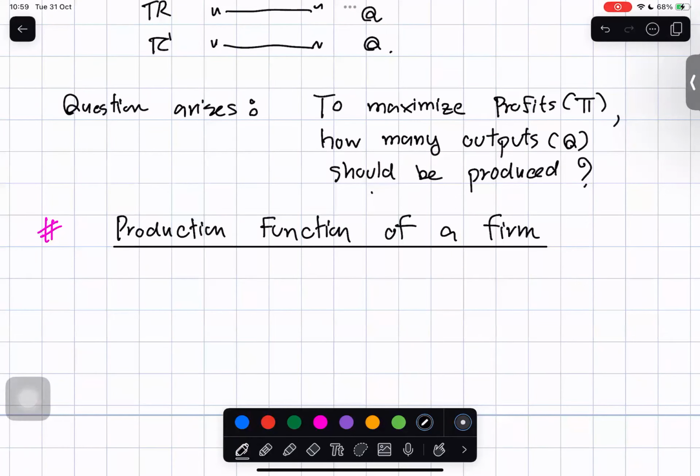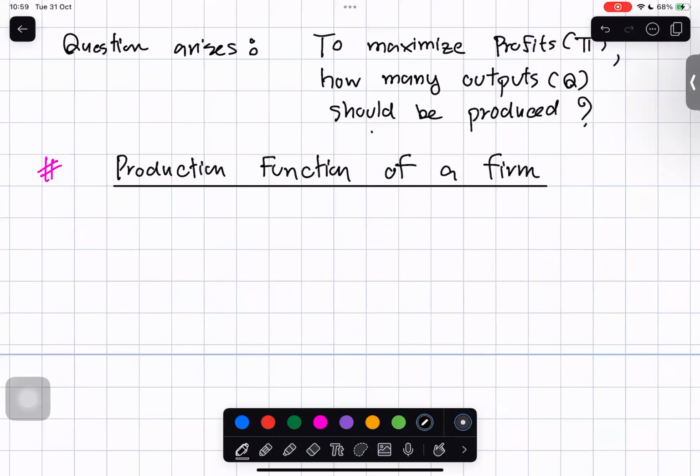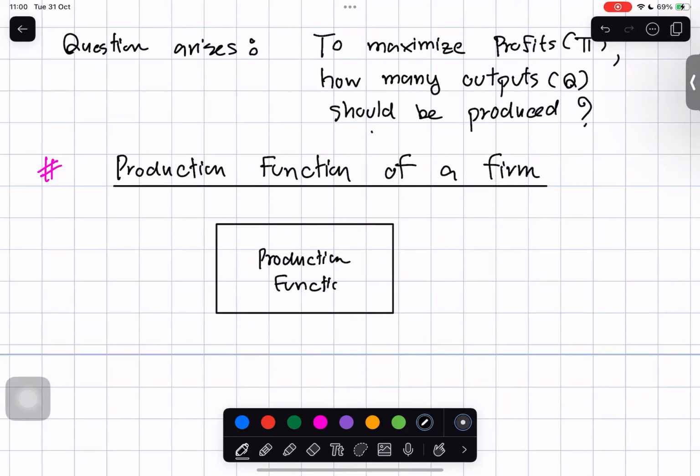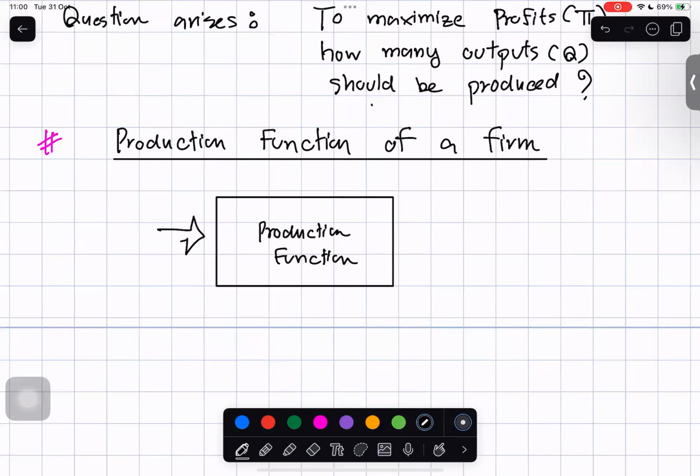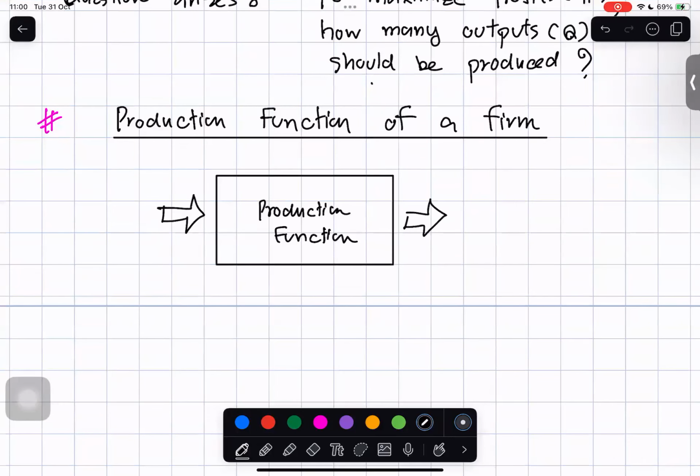Production function of a firm. When we insert inputs, factor inputs, into this box, what we get from this production function is output, cookies.